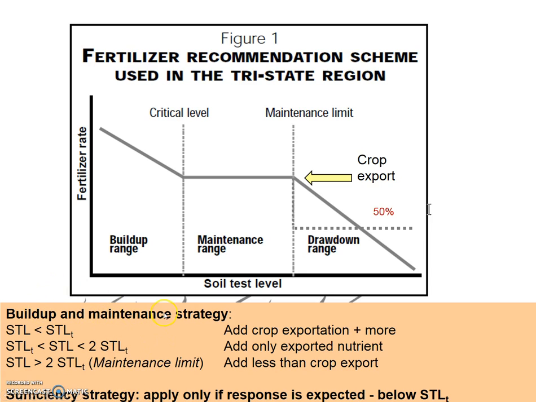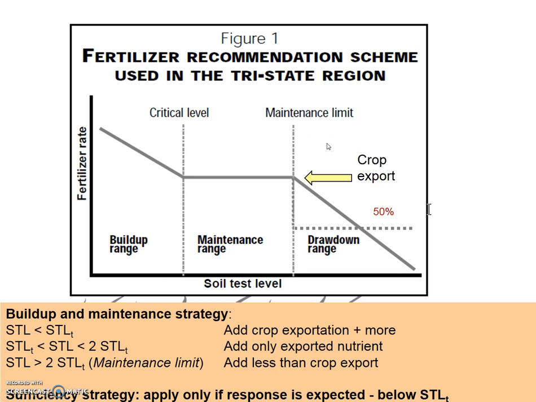In the build-up and maintenance, we try to keep the soil within the so-called maintenance range, which is a range of soil test level values where the crop is going to have enough. We will avoid excessive or deficit soil test levels. In the sufficiency strategy, on the other hand, we only apply fertilizer if we are going below the critical level.